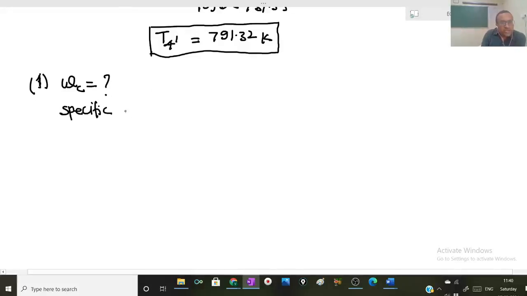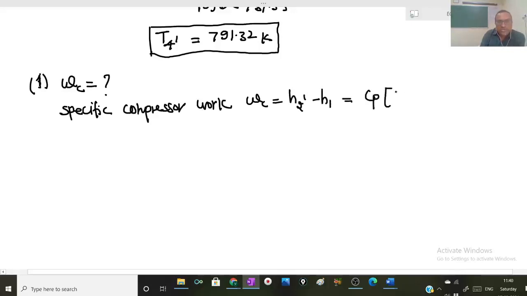The specific compressor work formula is H2 dash minus H1. In terms of temperature, it can be given as Cp into T2 dash minus T1.